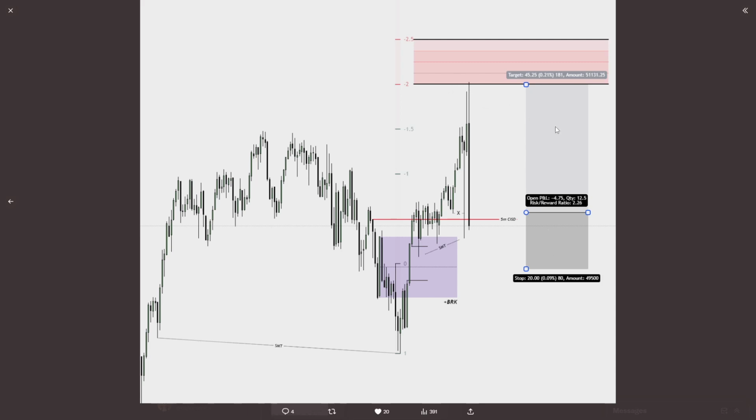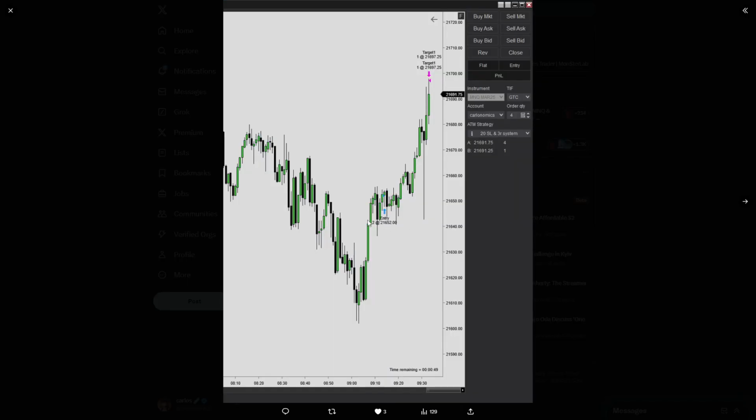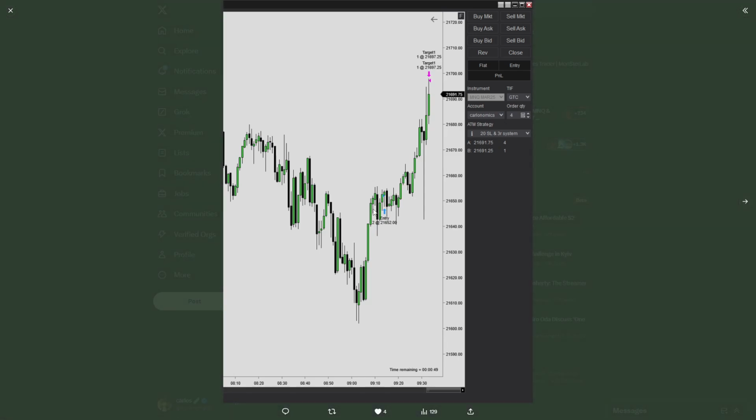So yeah, this is where I got out, and I took this trade on my personal account, and I also took it on one funded account. So yeah, this was the entry, that was the exit. Usually in December, I like to be risk off, just because the volume and volatility isn't really there on the last day or the last month of the year. So I like to be risk off, and for that reason, I'm only trading like 2 MNQ contracts on my personal account.